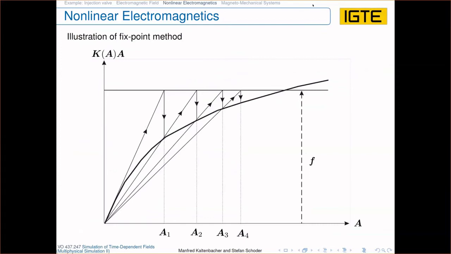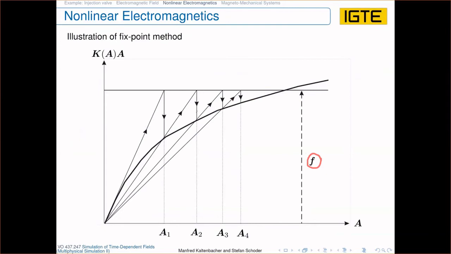Okay, so let's have a graphical interpretation of our fixed point method. The fixed point method is shown here. We have our right hand side f, which we have to meet. You see here the nonlinear curve, and when you do a fixed point method, we always go along a slope and we come up to ak. So this is the new iterated solution, and then we again go along such a slope.